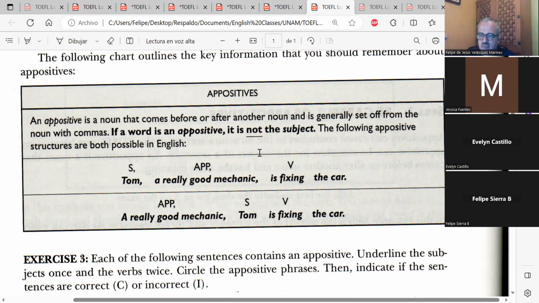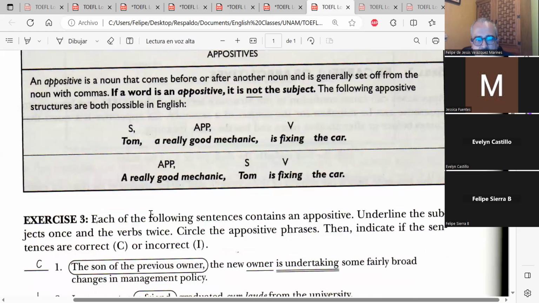Because if we only teach what is found in a book, students will say, "I'm not going to go to my class because everything the teacher tells me, I can find in the book. Why take classes?" So we always have to give something extra. For example, what happens if I eliminate this comma? Then Tom becomes an appositive. And what if I do this and that? Remember, so that the students think, "I don't have to miss my class because I always learn something extra." Okay.